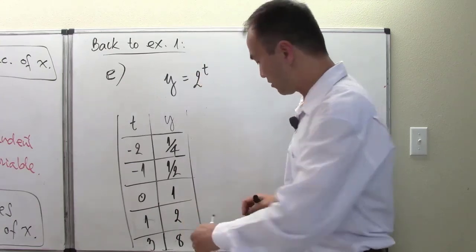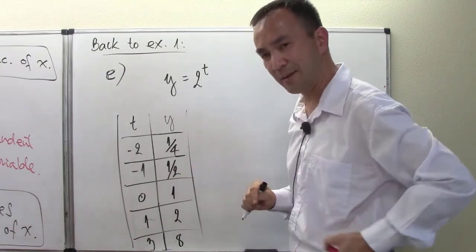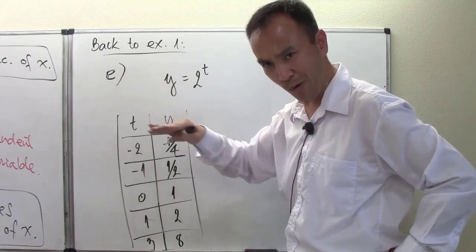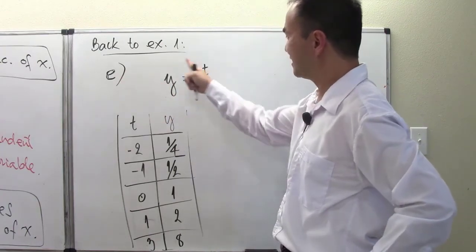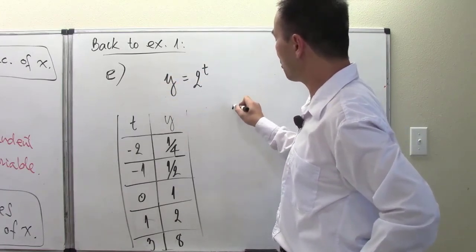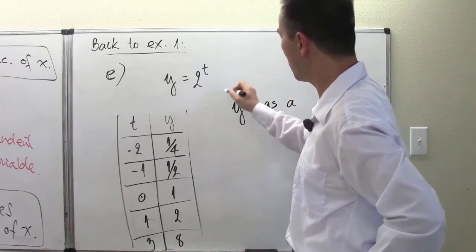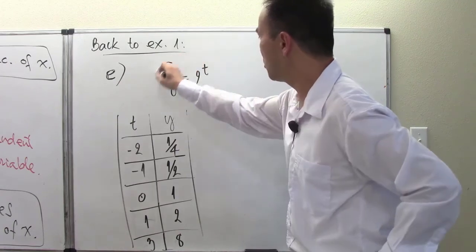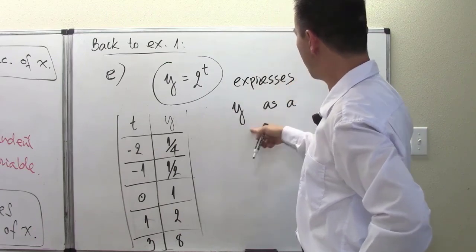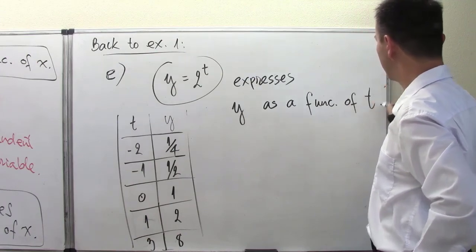Now, looking back at example 1 part E with our extra understanding, once we see this function in equation notation, I can clearly see that this equation expresses y as a function of the t variable.